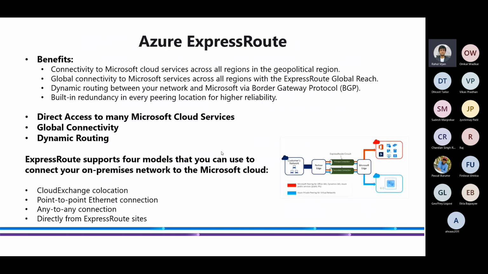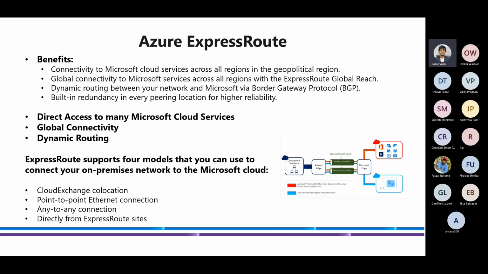So the next thing is Azure Express Route that we explained here, but we'll also be taking a little more look at what Express Route has to offer. So basically, the benefit of Azure Express Route is that it has connectivity to Microsoft services across all regions and geopolitical regions. For example, I have my own private data center in India, say in India's capital, New Delhi.